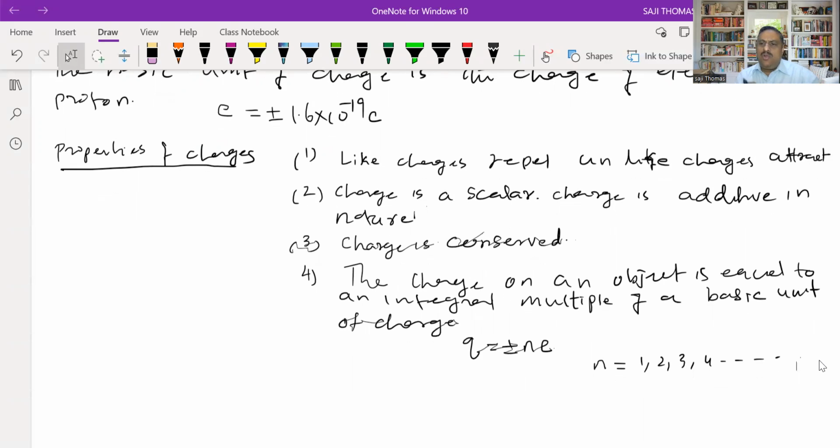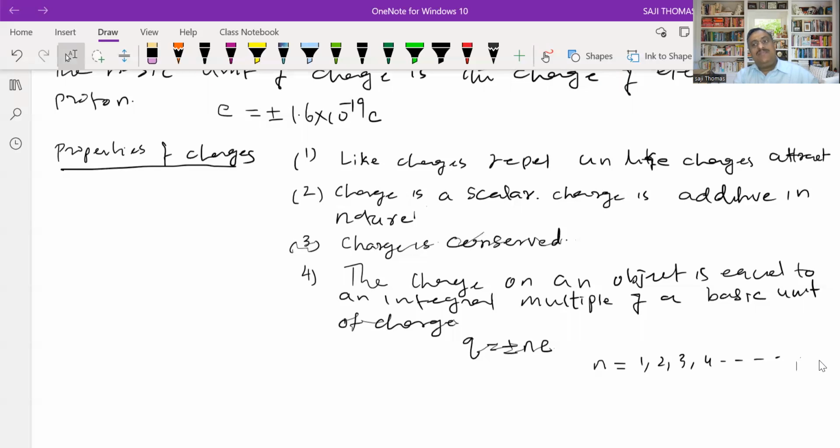Now, one important thing you have to remember. This quantization of charge is valid only for a very small number of charges, or we say it is valid only in the microscopic approach. Microscopic, microscope, it is very small, right? So this quantization is valid only when charges are in small quantity.